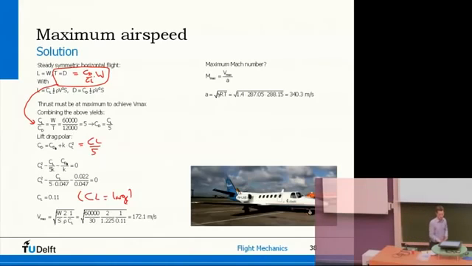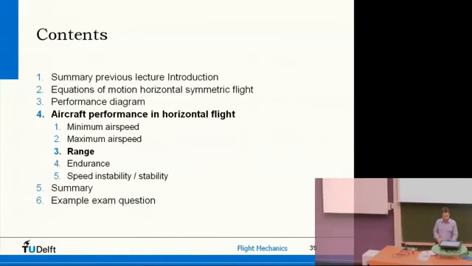So that means that if you take this maximum airspeed we just calculated, that's actually Mach 0.5. So that's pretty fast, but it's by no means high subsonic or even transonic. So that's the minimum airspeed, maximum airspeed.